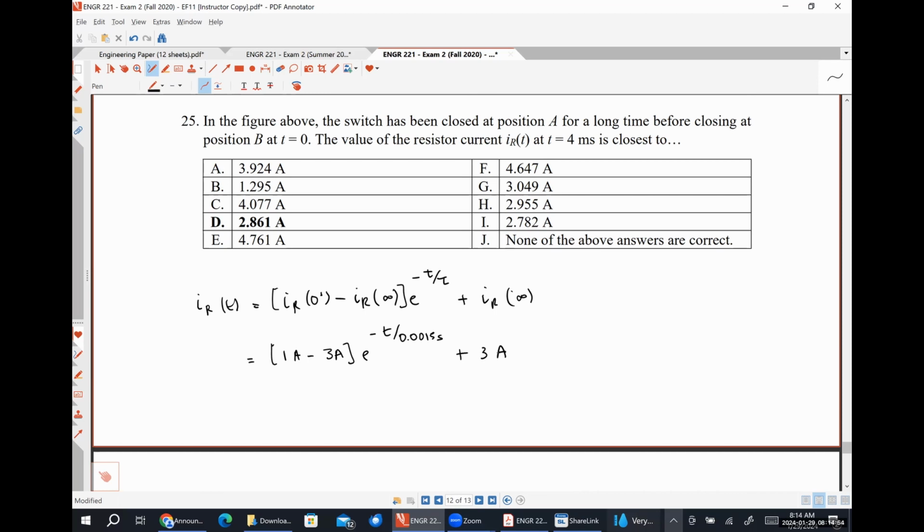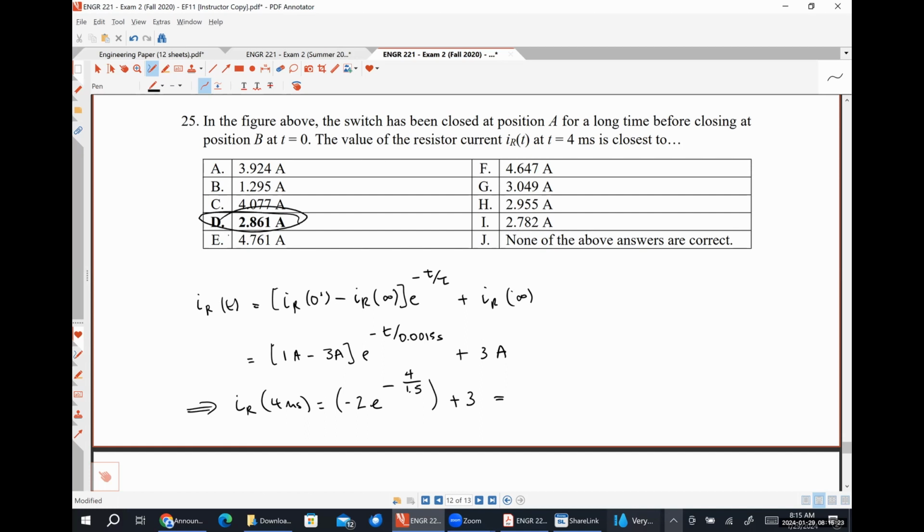And then t is equal to 4 milliseconds. So IR at 4 milliseconds will be equal to -2 e to the negative 4 over 1.5 plus 3, which is a number, which I presume is that.